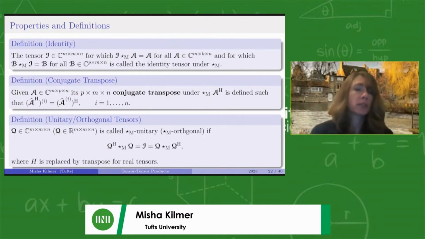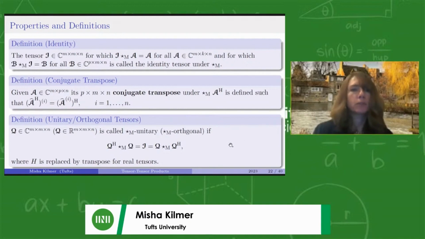So now I can define what I mean by an identity tensor. The identity tensor would be an M by M by N tensor, and you notice that N is the one dimension that's the same throughout. So this is an orientation dependent factorization. And I can tell what conjugate transpose means under this star M product.